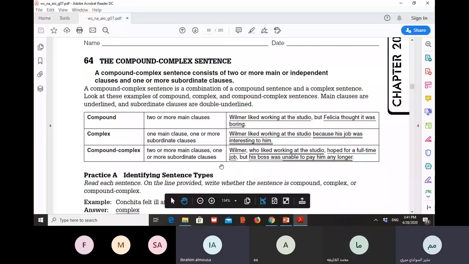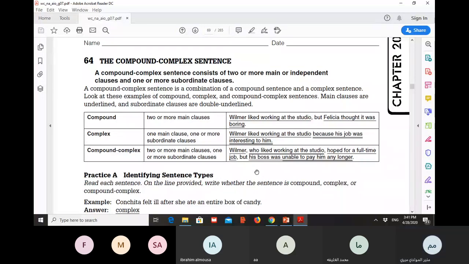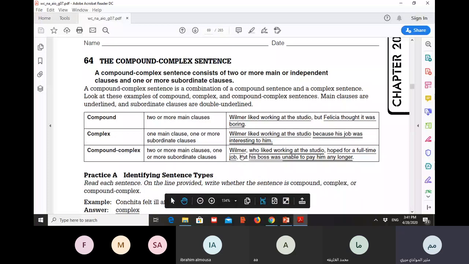The part that is double underlined, you can remove it and the sentence still gives meaning, which means it is a subordinate clause, not a necessary part, giving only extra information. Then we have a comma, then but his boss was unable to pay him any longer. This is another main clause, added to the first main clause using a comma and a coordinating conjunction. Is it easy now? Is it clear for you?